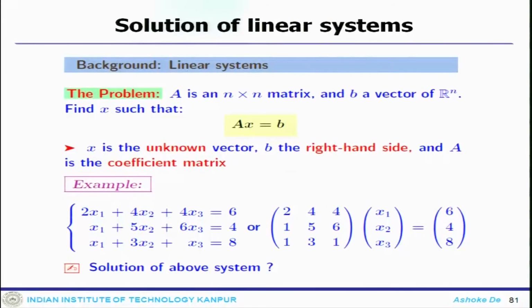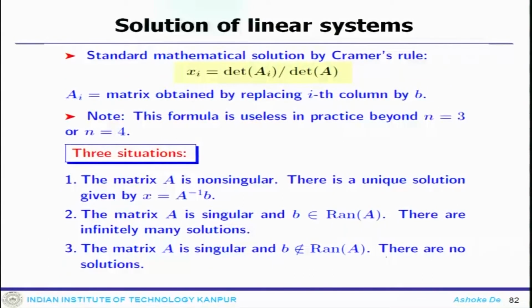Now, for the linear system, the background is that you have an n by n system with a b vector, the right-hand side vector b. So, you have to solve this system, for example, you get 2 x1, x1, x2 and you get Ax equals b. So, A gives you the coefficient matrix, and the standard mathematical solution by Cramer's rule will get you like that.